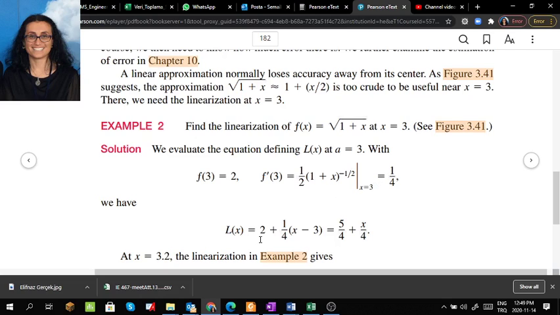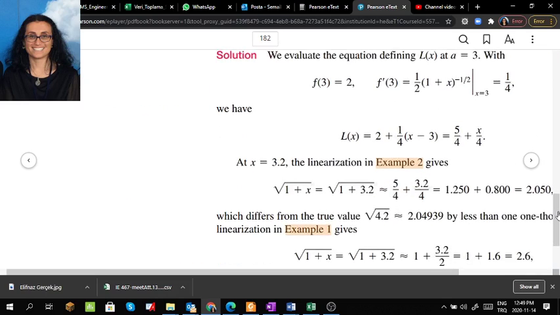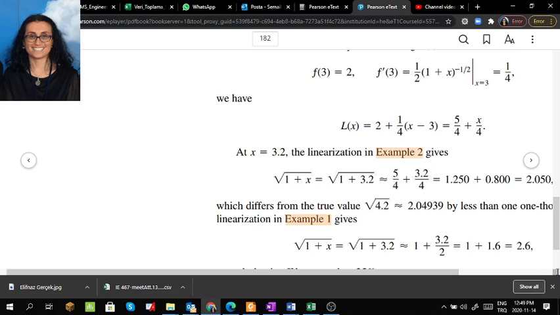And then L becomes f of 3 plus m times x minus 3, where m is f prime 3, by the way. All right, so this is the linearization, and if they ask what f of 3.2 is, then we can use the approximation to get the value.